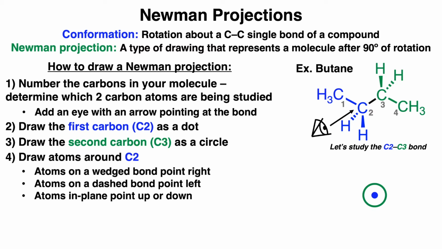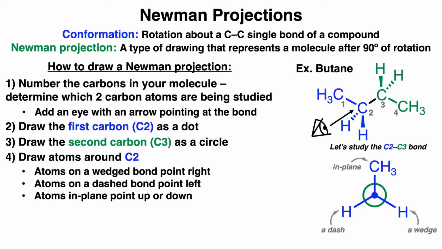Then draw the atoms that are bonded to C2, where each atom is about 120 degrees apart from one another. The hydrogen atom that is on a wedged bond will point to the right, the hydrogen atom on a dashed bond will point to the left, and the methyl group that is in plane will point up.